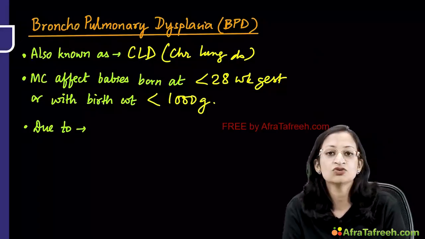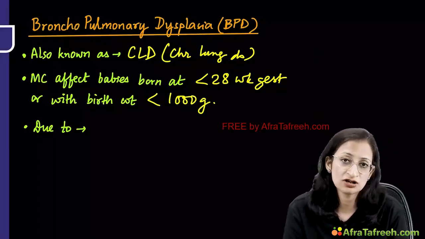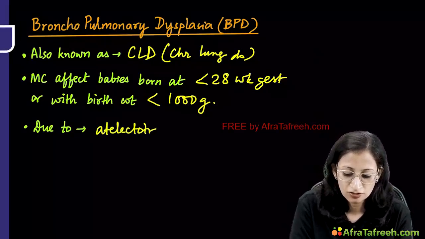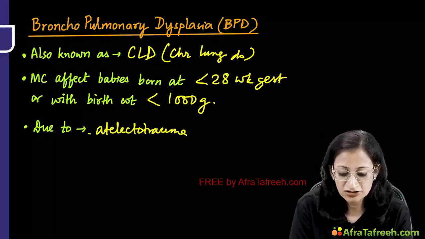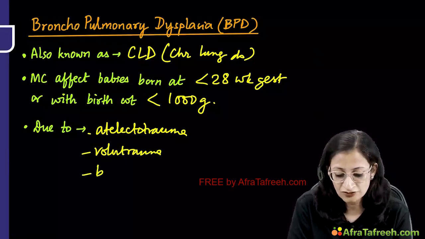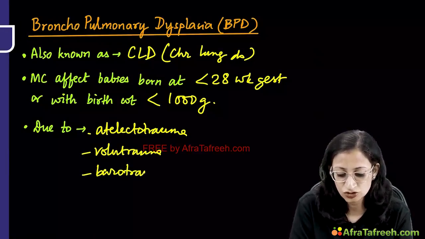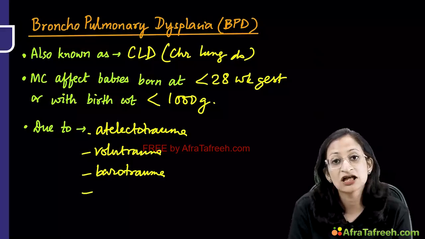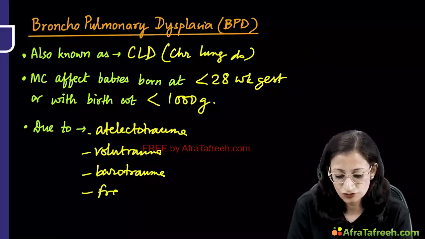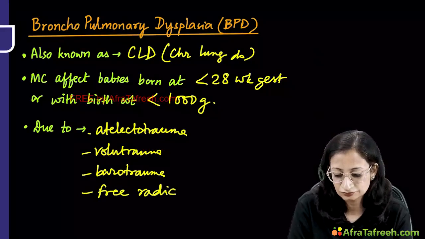It is basically due to various kinds of trauma to the lung: atelectotrauma, volutrauma by giving excessive volumes, barotrauma due to excessive pressures, and free radical injury to the lungs. Giving excessive oxygen can cause free radical injury to the lungs.